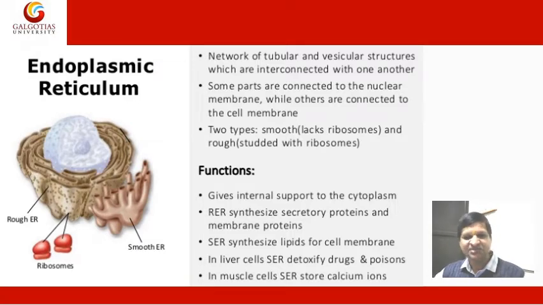Function of endoplasmic reticulum: it gives internal support to the cytoplasm. RER synthesizes secretory proteins and membrane proteins. SER synthesizes lipids for the cell membrane. In liver cells, SER detoxifies drugs and poisons. In muscle cells, SER stores calcium ions.